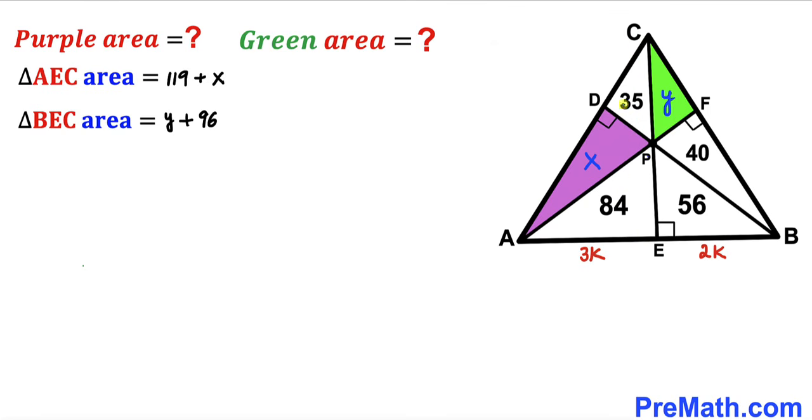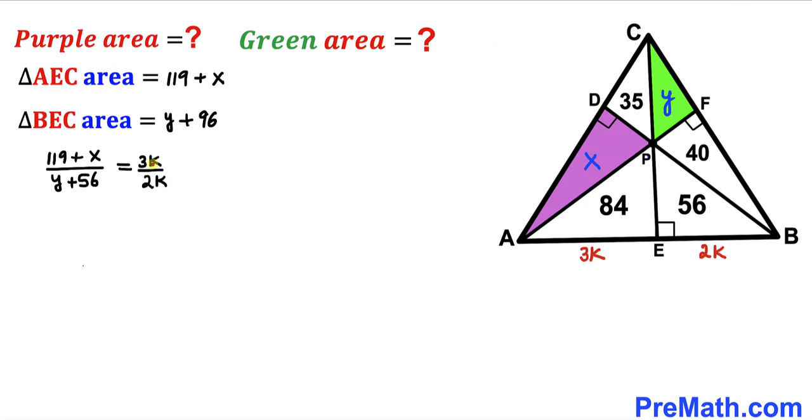So therefore, we can say that the ratio of their areas is going to be equal to the ratio of their bases. So therefore, their ratio is going to be 119 plus x divided by y plus 96 is going to be equal to the ratio of the bases 3k and 2k.